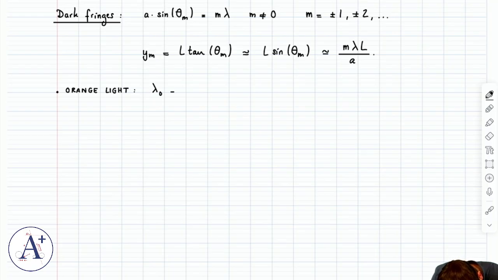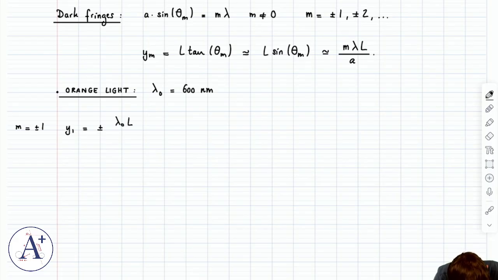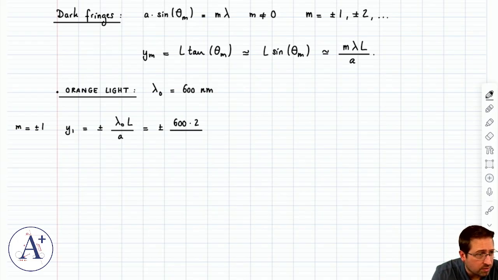Okay, so lambda orange is 600 nanometers. Now, where are the dark fringes for orange light? Well, they're given by this, where lambda is lambda orange. So y1, this is for m equal to plus or minus 1, is going to be plus or minus lambda orange L over a, which is going to be plus or minus 600 times a screen distance of 2 meters divided by a slit width of 0.1 millimeter.